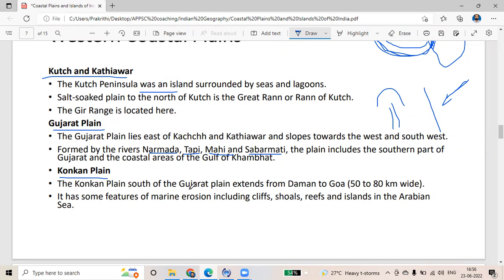It extends from the Gujarat plain to Goa. Between that we have Daman and Diu. So this is the area of the Konkan plain, from the Gujarat plain to Goa.